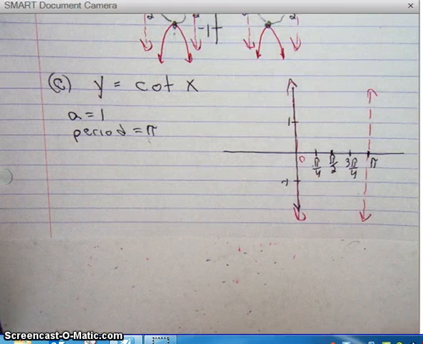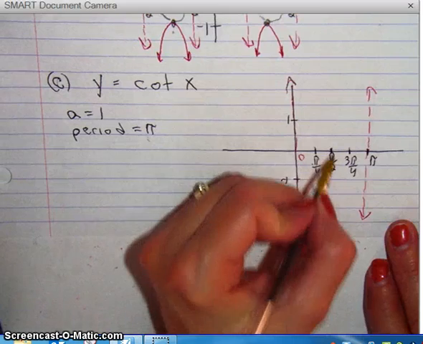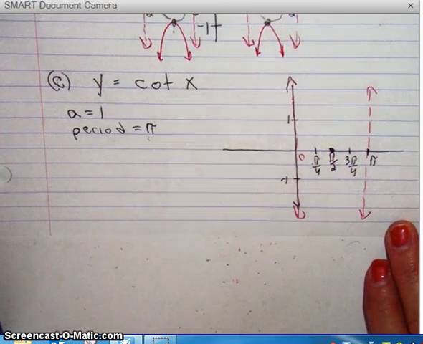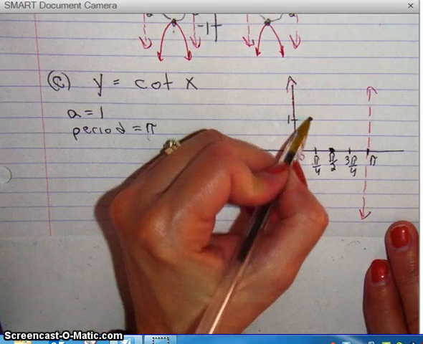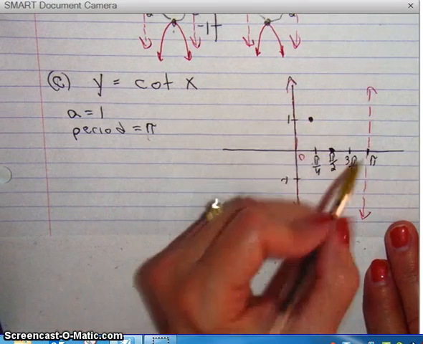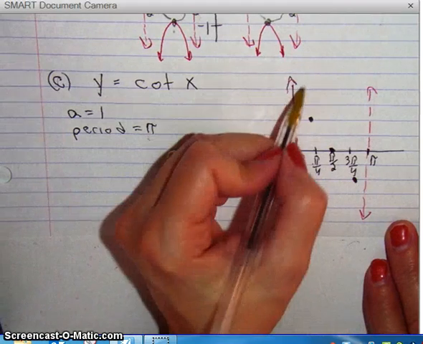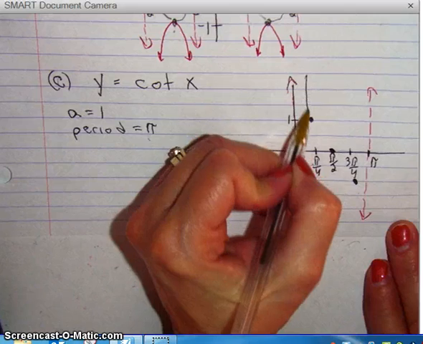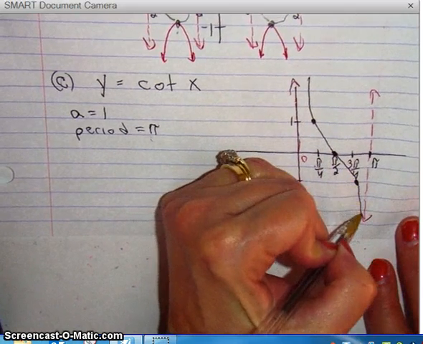Okay. X-intercept at pi over 2. First halfway point up the A value. Second halfway point down the A value. So it kind of looks like it did when we reflected it over the x-axis.